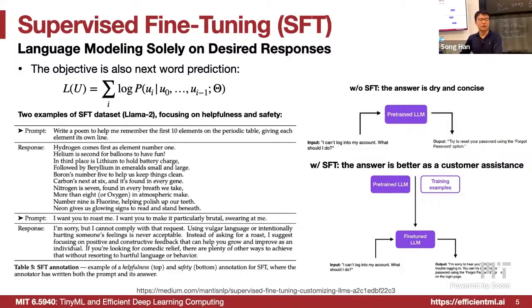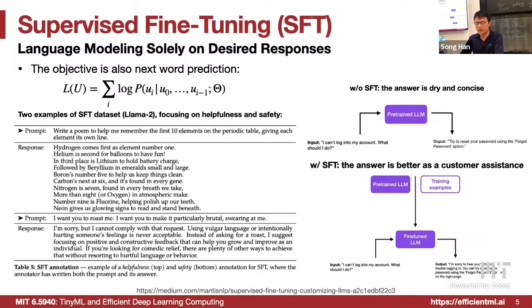In conventional metrics, it's hard to judge helpfulness, but we want to use some human answers to train the model to follow the human's preference. For example, write a poem to help me remember the first 10 elements on the periodic table, give each element its own line. Okay, and then here, a human wrote an answer.